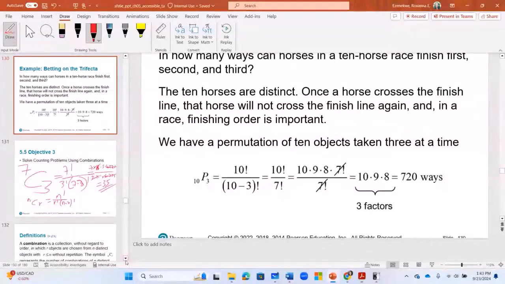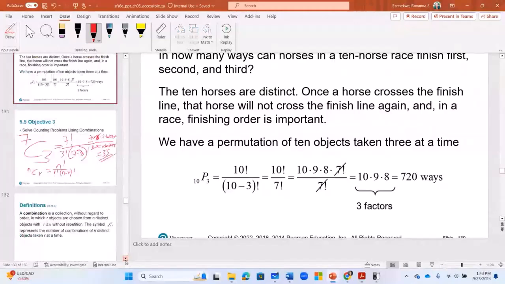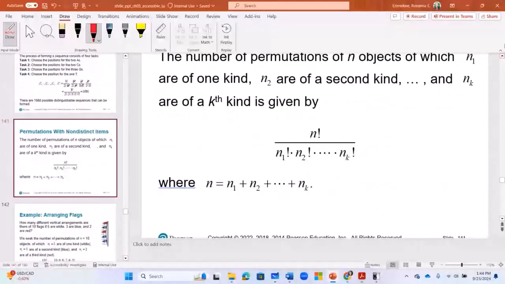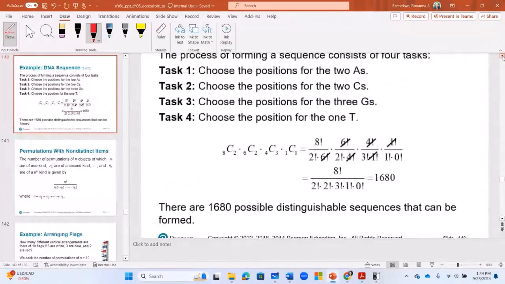I'm trying to pull this down, but it's not pulling down. Okay, I'll make it smaller. Whatever I have to do.